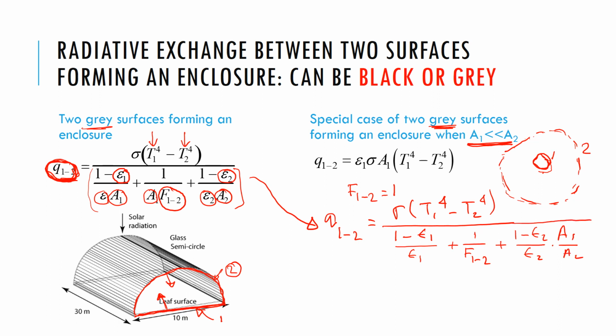In the denominator, I multiply throughout the numerator of the bottom part of the fraction by A1. Now we use the fact that A1 over A2 is very small, so we drop this term, and then this is equal to 1. So it will be 1 minus epsilon 1 over epsilon 1 plus 1. If you add, you get sigma times epsilon 1 times T1 to the 4 minus T2 to the 4.